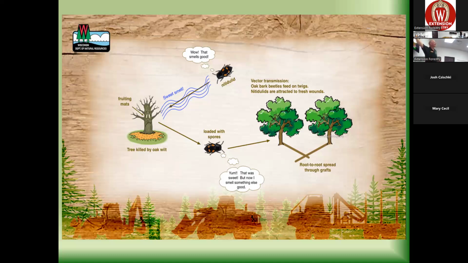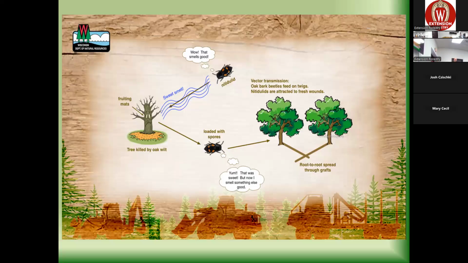And so they're going to go to that tree and start feeding on the sap of that oak tree that was healthy, and most likely pass the fungal disease on to what was once a healthy tree. At that point, once this tree is infected, through root grafts it can very easily spread to surrounding trees.